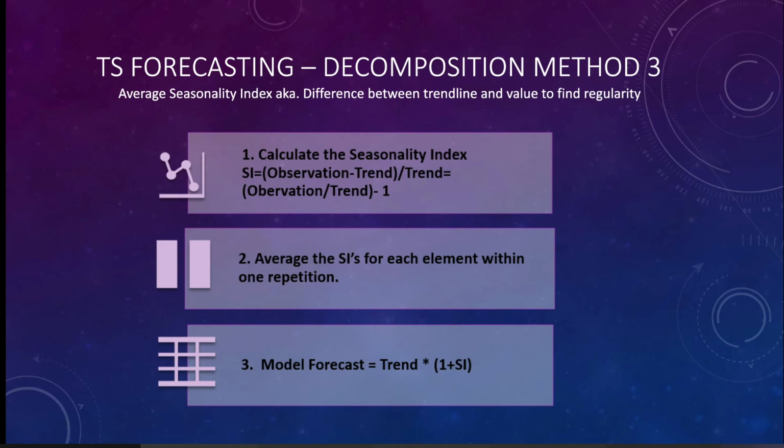If your time period is, let's say, over 3 weeks, you want to average all of the Mondays into your average SI, all of your Tuesdays into your Tuesday SI, so you get an average curve. Then you use this curve, these 7 averaged indexes, to multiply them with the trend, which will give you the model forecast.